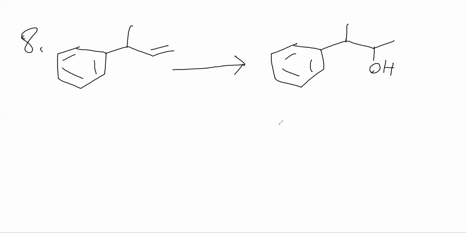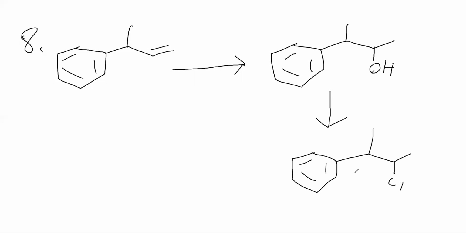How can we do this first step? So that would, it's similar, it has mercury, but we use HgSO4 when we're reacting with an alkyne, a triple bond.